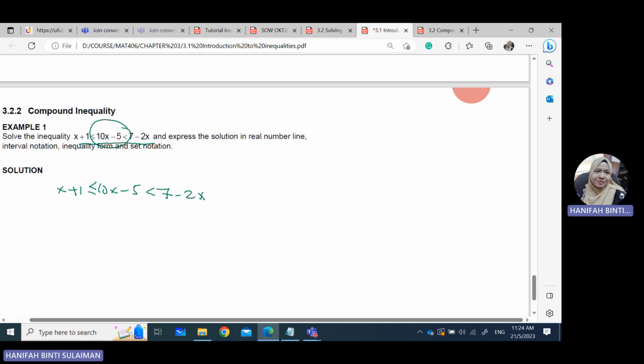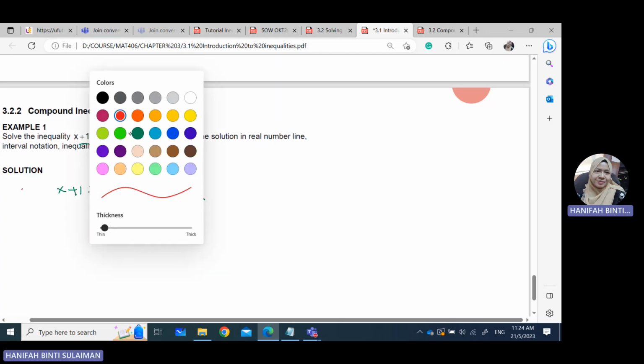Keadaan pertama dia greater than x plus 1. The second condition, that function is less than 7 minus 2x. So this kind of inequality, we call it as a compound inequality. So how to solve compound inequalities? Bila ada dua keadaan, maknanya ada dua part lah. We have two parts to solve for this one.